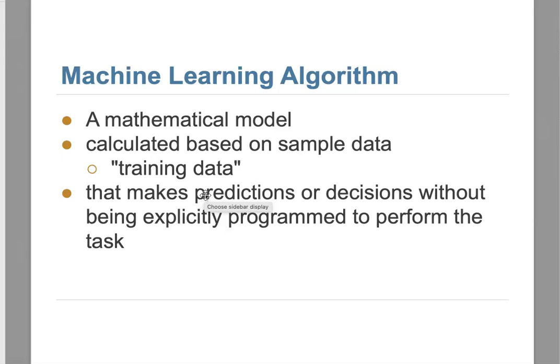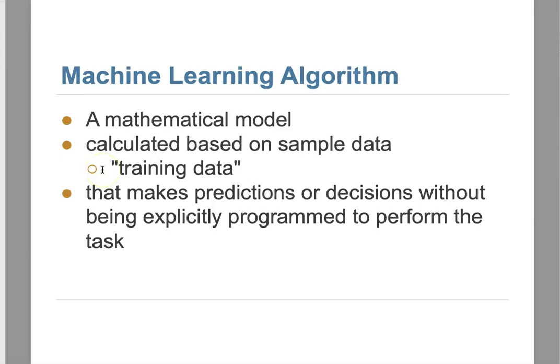So machine learning, you have heard about that. A lot of the time we talk about training data. With a machine learning algorithm, you still have a model, and most of the time that's a mathematical model. According to our sample data, of course, the model is calculated based on the sample data, which we usually call the training data.